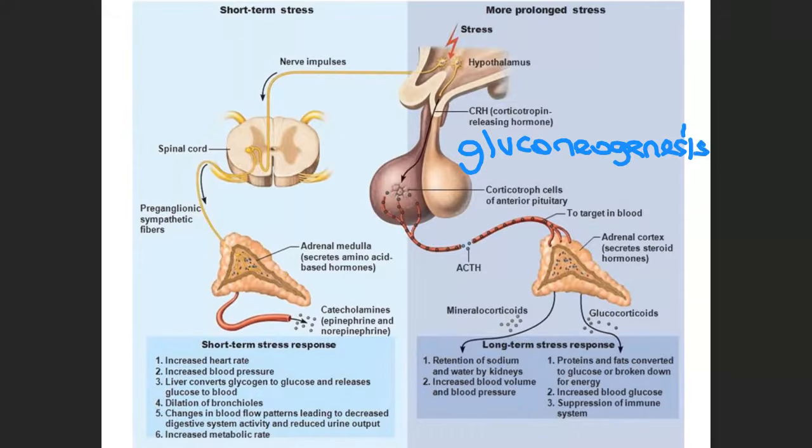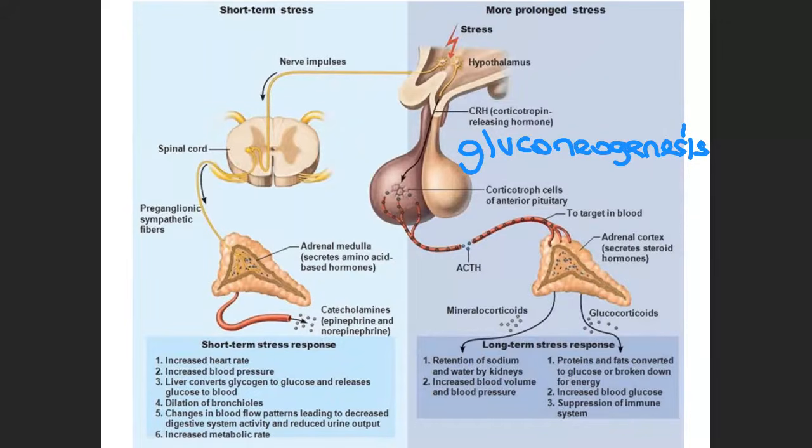Okay, you don't have to know the word, but gluconeogenesis is the production of glucose from non-carbohydrate substrates. And that's what epinephrine does. Epinephrine makes sure that there's lots of glucose available for energy in that short-term response to stress.